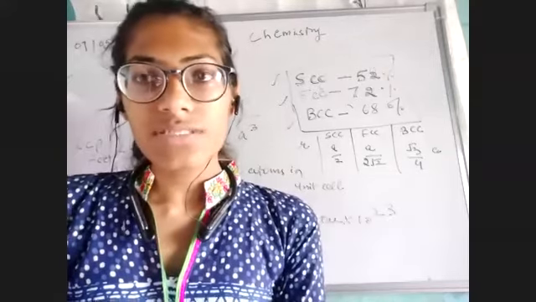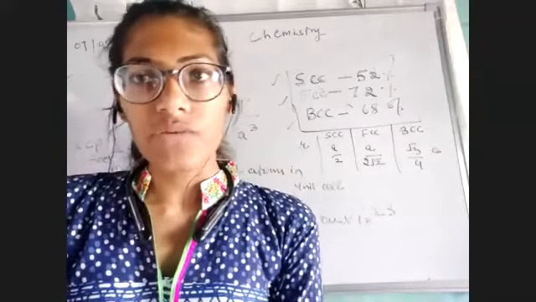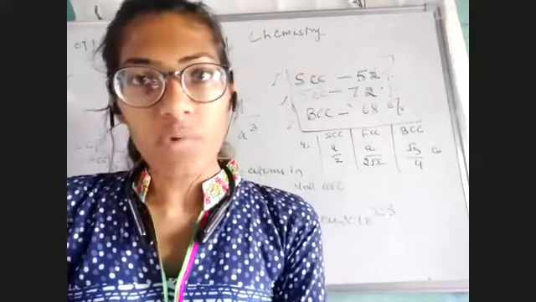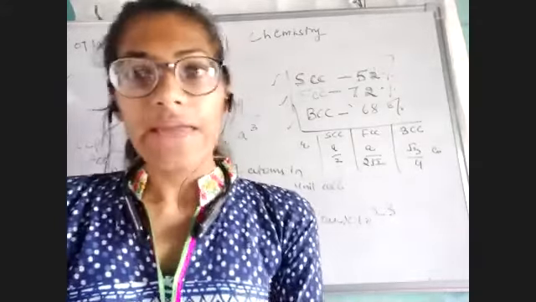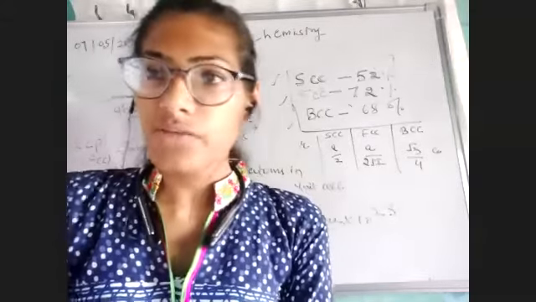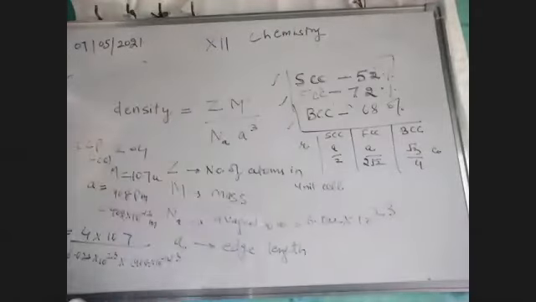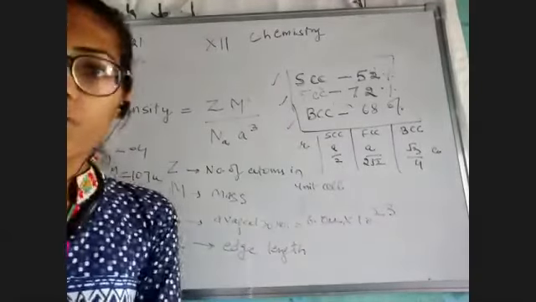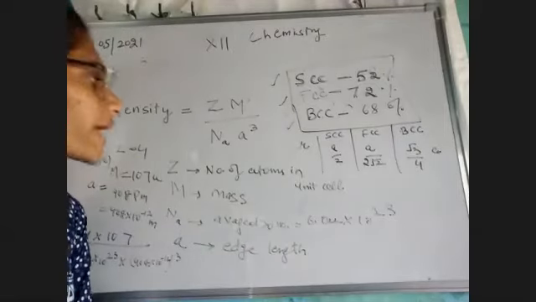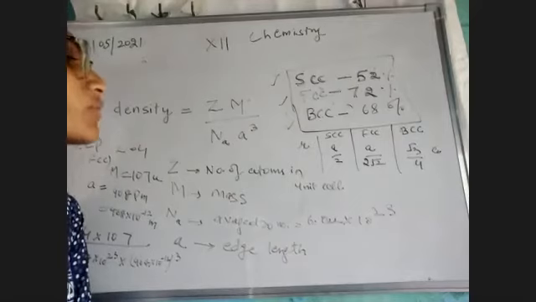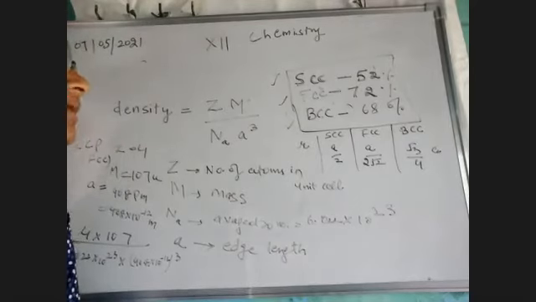We have just done the packing efficiency, in which we have calculated the simple cubic, the body-centered and the face-centered unit cell packing efficiency, and we have come to know that the face-centered has the maximum packing efficiency, 74%. And we have put a simple numerical formula, that is density equals ZM divided by Na a cube, where a is the edge length, Z is the number of atoms in the unit cell, and M is the mass.